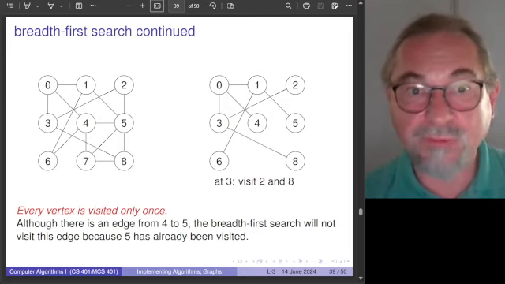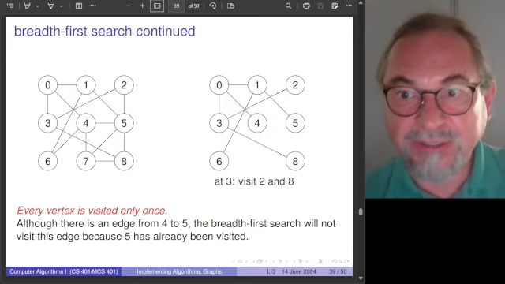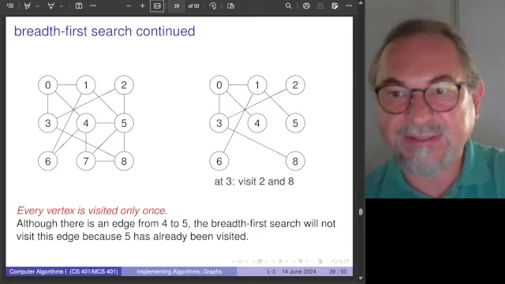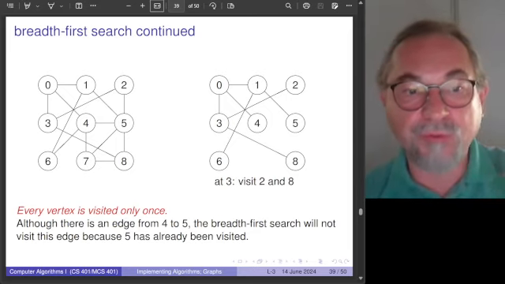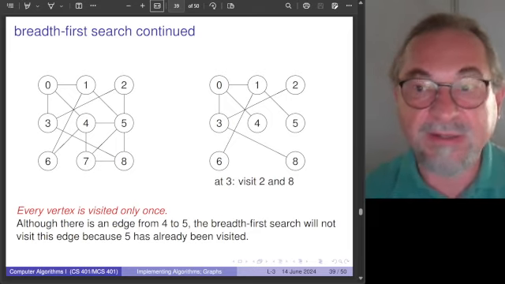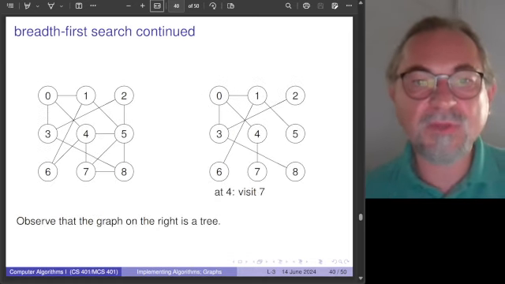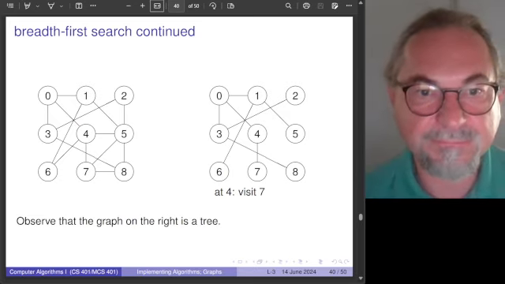Actually, we have also visited 6 from vertex 1. So this is where the set minuses in that notation was so important. So we will not visit 5. If we are at 4, we will not visit 6 again. There's only one possibility, and that is 7. Okay, at 4, we visit 7.